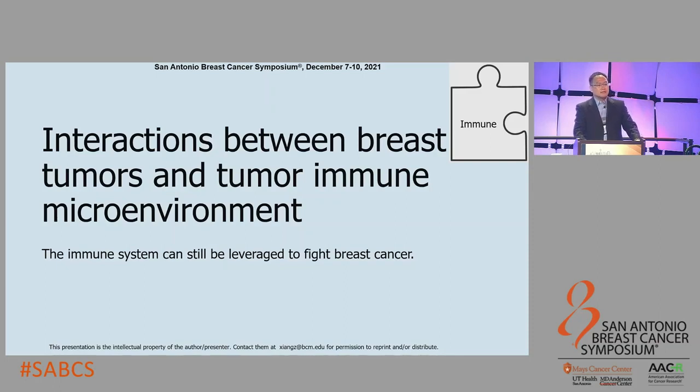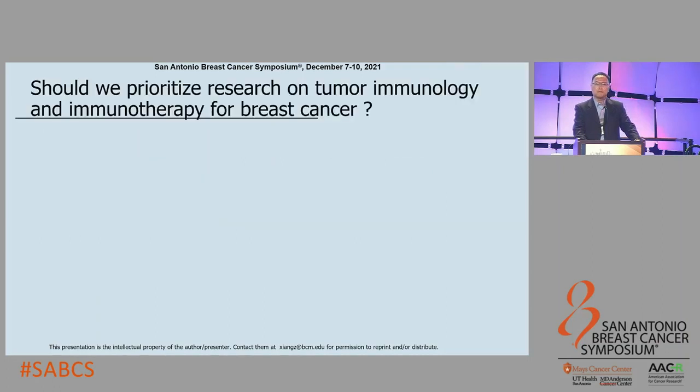So now let's talk about the immune system, how the immune system can be leveraged to fight breast cancer. And this may not be a question with a consensus answer to it. So I formulate the question as, should we prioritize research in tumor immunology in breast cancer?